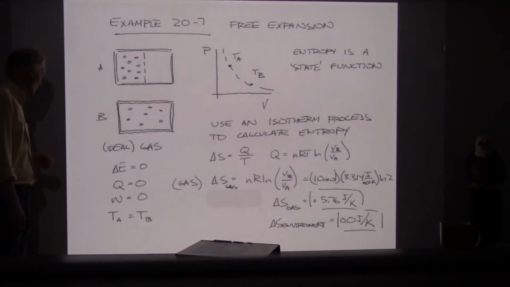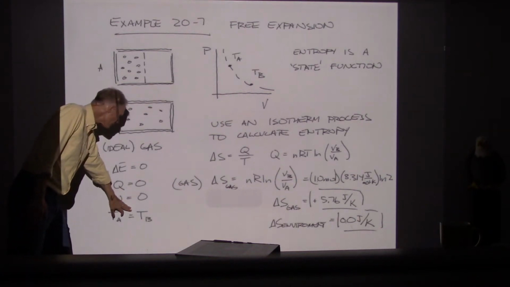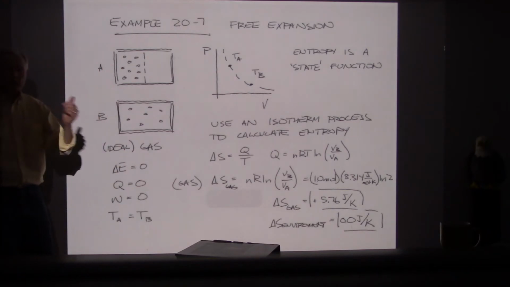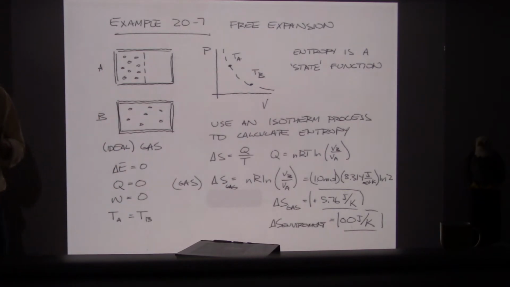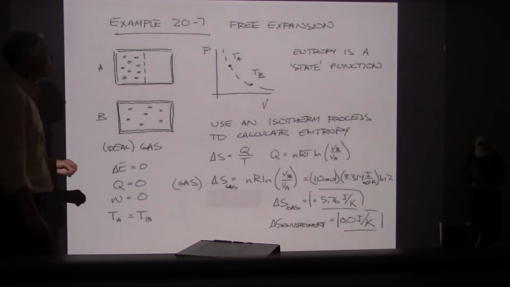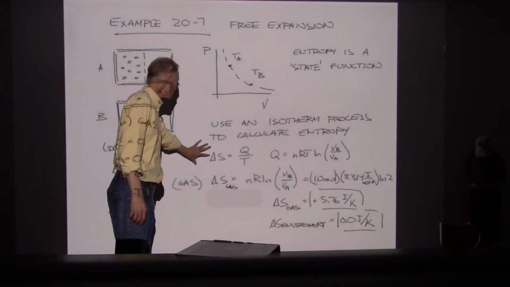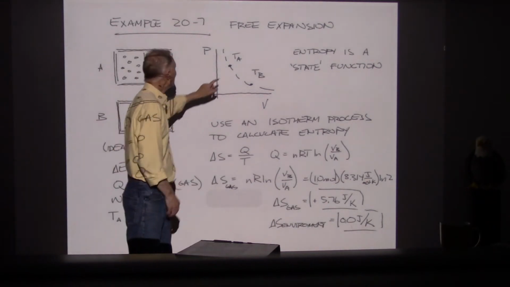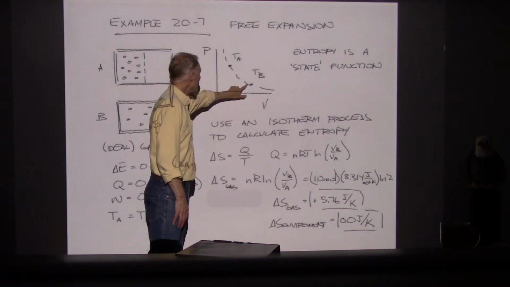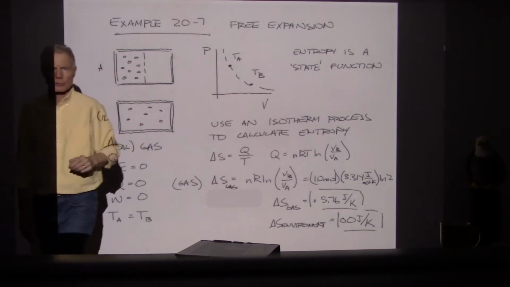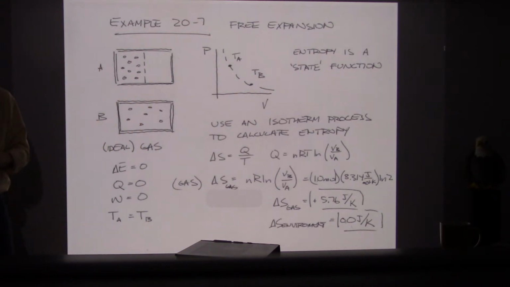So the temperatures are the same because there was no energy exchange that took place between the sample inside the container and outside. So there's no internal energy change. So yes, we can calculate the entropy as if the process was isothermal, even though it wasn't. And we'll get the answer that way.